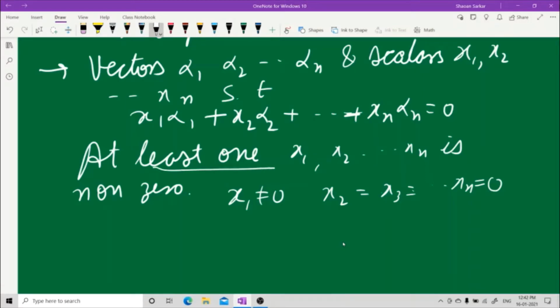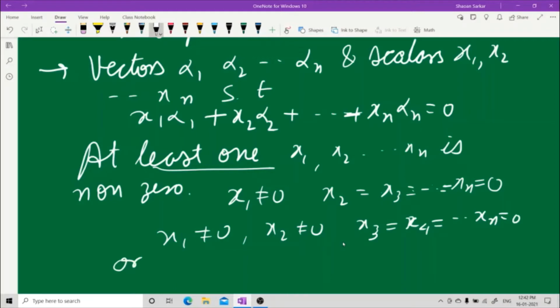At least one, I said. It may happen that x1 is not 0, x2 is not 0, and the rest, x3, x4 and so on till xn, are zeros. Or all of them are non-zero.